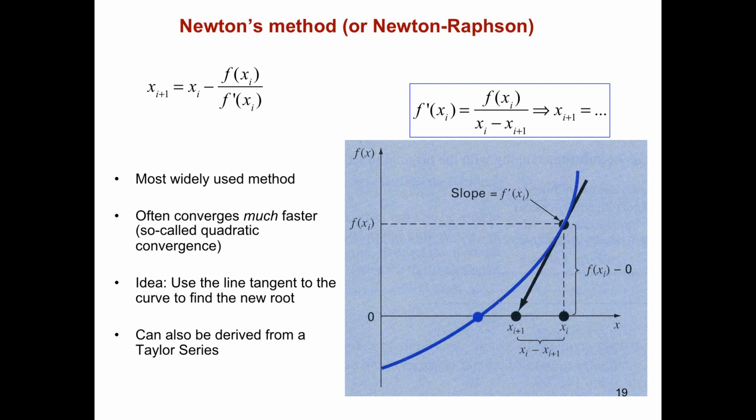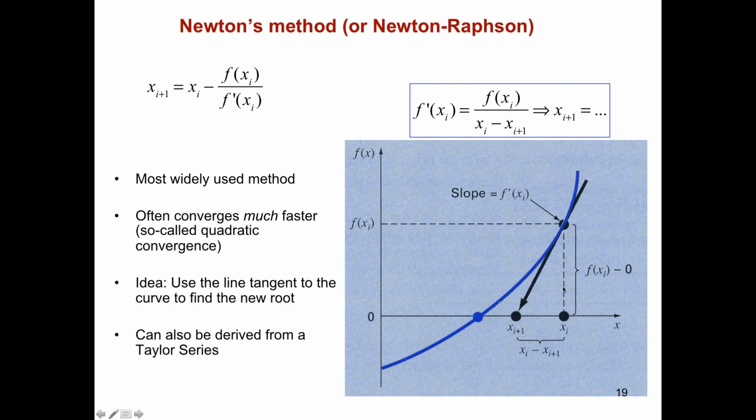Now my root in this particular case is here, and this is actually getting me closer. Over multiple iterations, this might work better than any other method, because depending on how I chose my bracket in bisection, I might be very far away. I know that f prime of xi is essentially, here I have value f of xi.